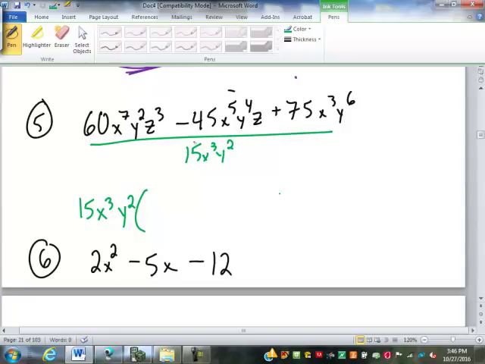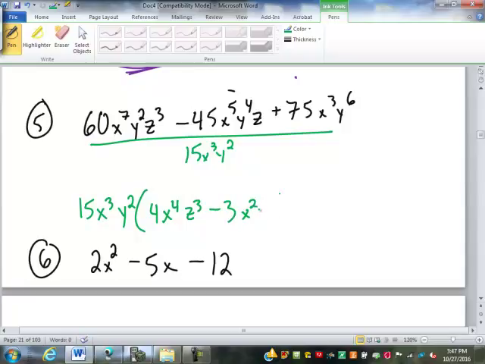60 divided by 15 is 4. X to the fourth. Y divides out. Z to the third. Negative 45 divided by 15, negative 3x squared.